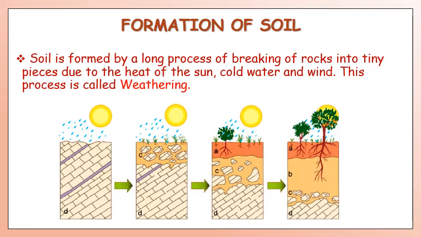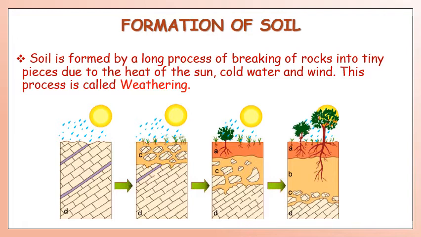Now, first we will study about how soil is formed. So, students, soil is formed from the breaking down of rocks. You know, the constant action of sun, wind, and water causes the rocks to break down into tiny pieces. And this breaking down of rocks is called weathering.